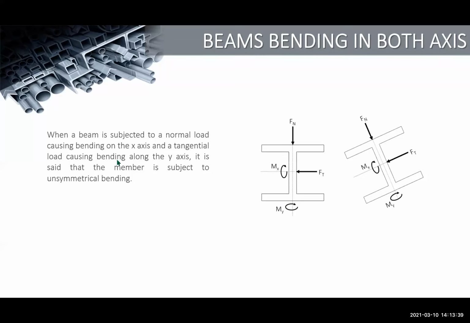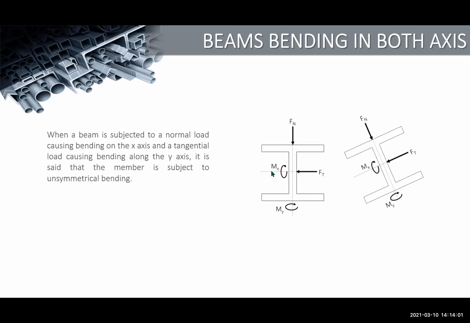So, when a beam is subjected to a normal load, ito ang normal load, no? Normal siya, normal. And then, normal, di ba, same sa axis, and then causing a bending on the x-axis and a tangential load, ito, 90 degrees, causing bending along the y-axis.